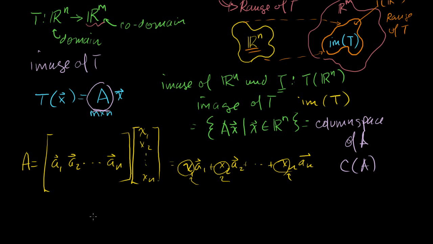And the column space, of course, is the span of all the column vectors of your matrix. This is just all of the linear combinations, or the span, of all of your column vectors.